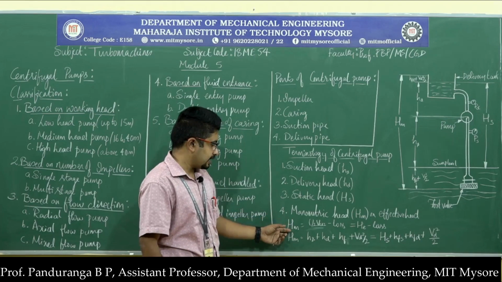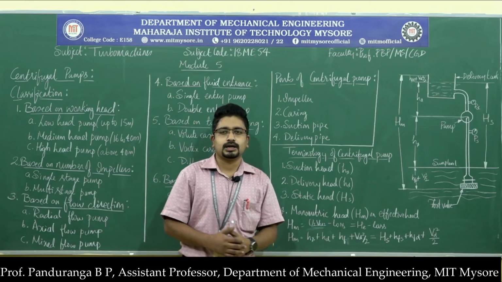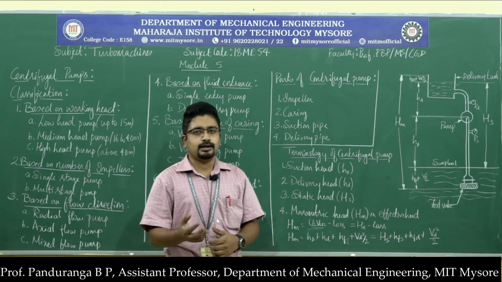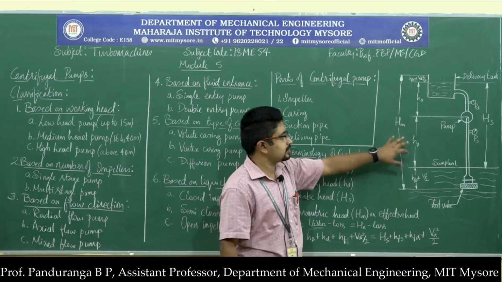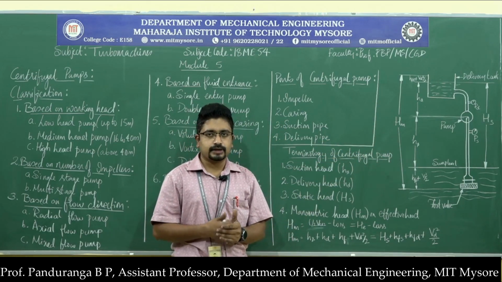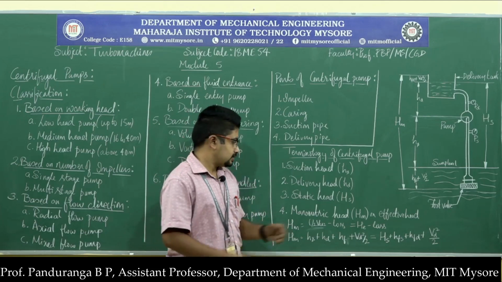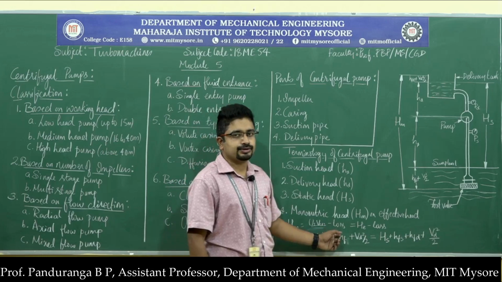The manometric head can be written as U2 VU2 minus losses which occur in the impeller and the casing. Here manometric head is not considering the losses which occur in the impeller and the casing, that will be considered later. So the manometric head will be equal to U2 VU2.